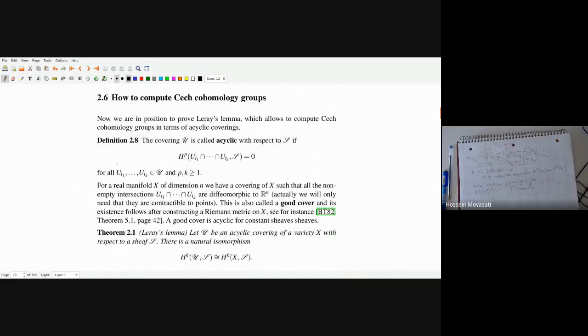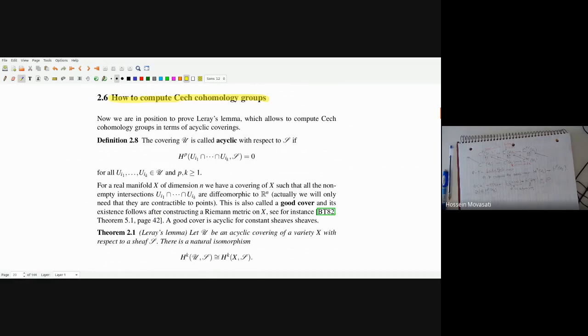And this is section 2.6, how to compute Čech cohomologies, and this is important for us. So we need a certain covering, and these are called acyclic with respect to the sheaf.